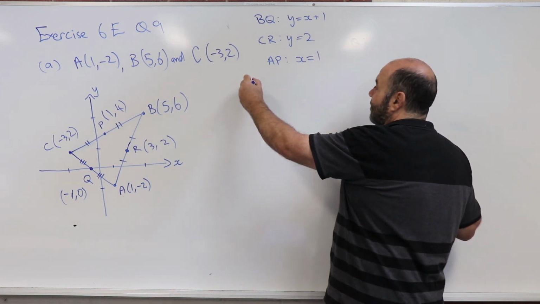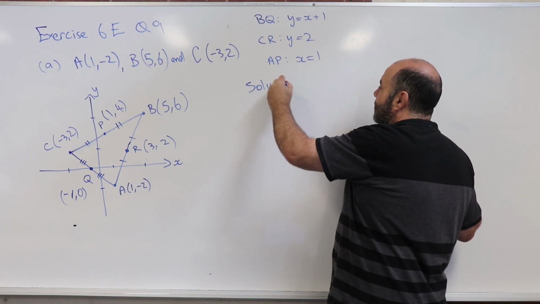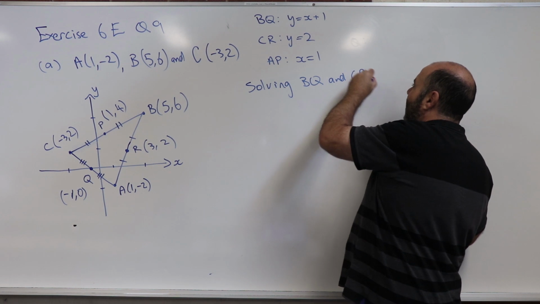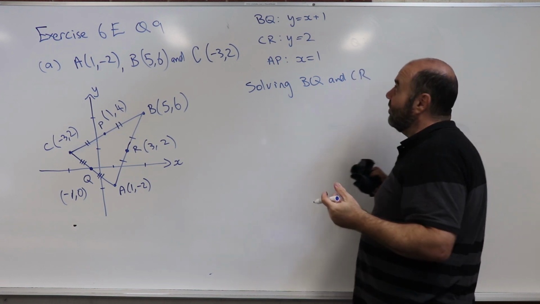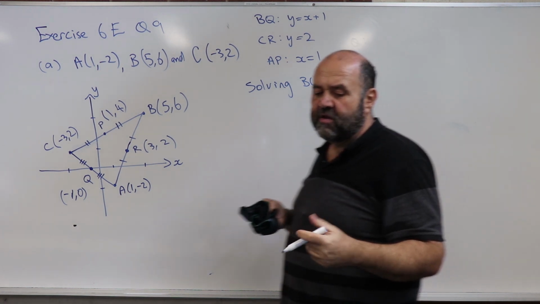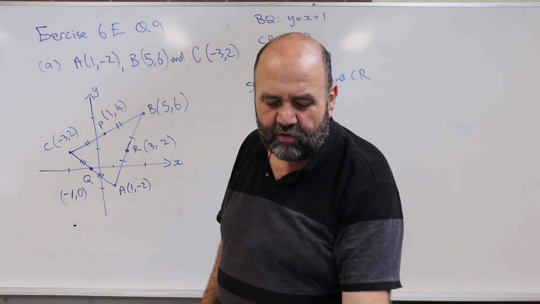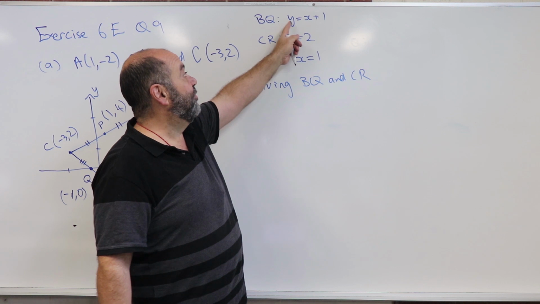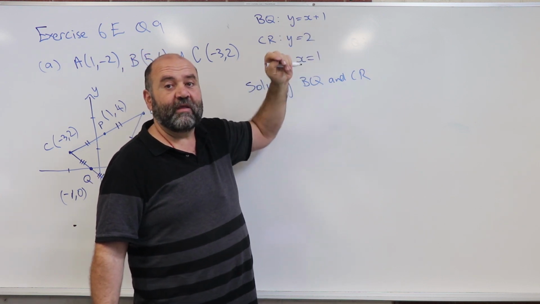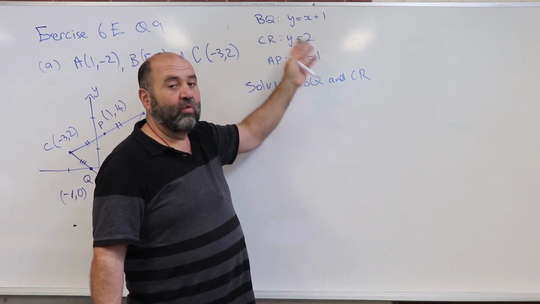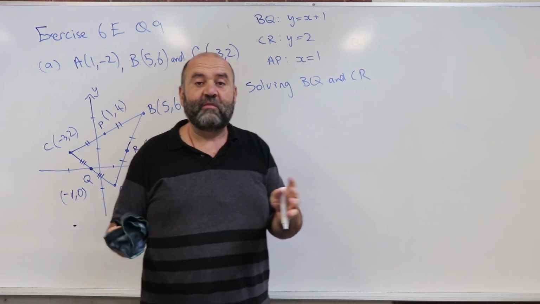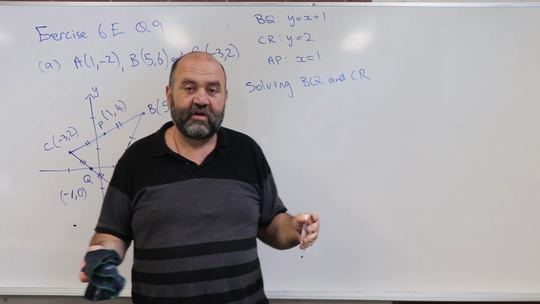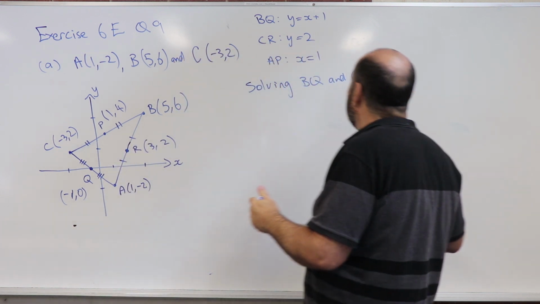Solving BQ and CR, I'm just going to solve those equations simultaneously. If you have a look, BQ and CR are both expressed in terms of y. BQ is y equals x plus 1. CR is y equals 2. It's begging me to do a substitution, so I'll use the substitution method.